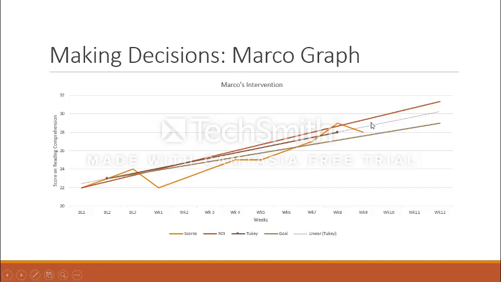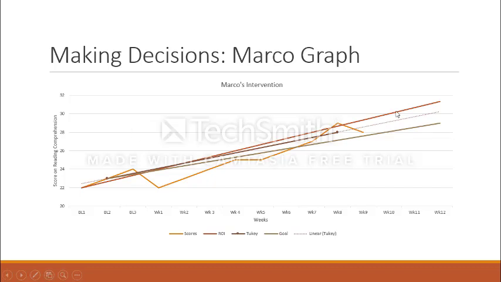And both of those are steeper than this line here, which is the goal line. So that second method: the steeper the line, the better he's doing. Really, they're all very similarly steep, but these are just slightly more so. So again, I think we should just keep him going just the way he is.